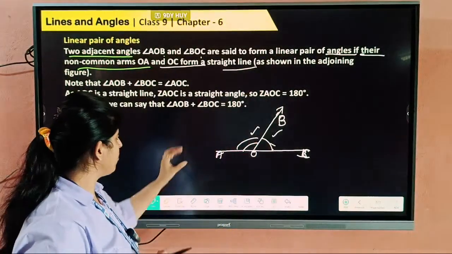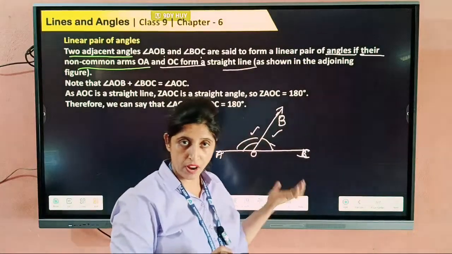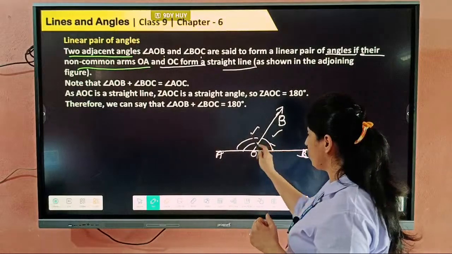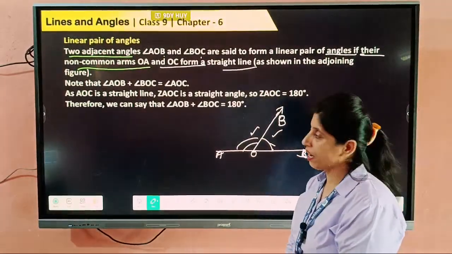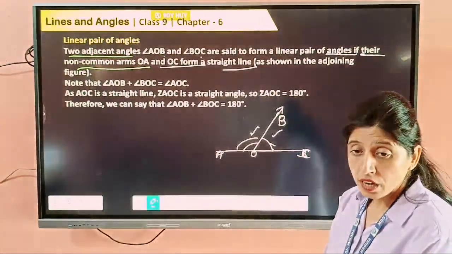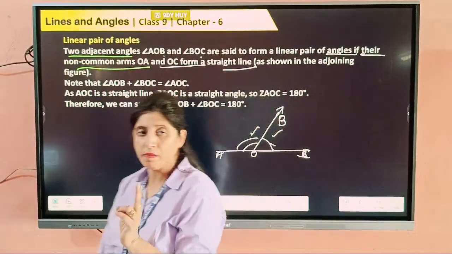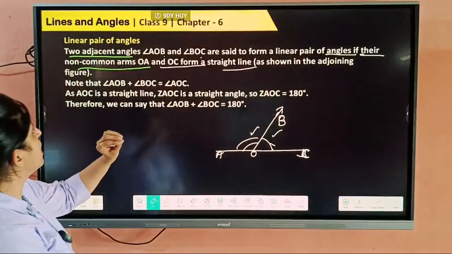Now, whenever two angles' sum is 180 degrees, we can say that they form a linear pair, right? But they are adjacent also because AOB and BOC are two adjacent angles. O is the vertex and OB is the common arm. So these two form a 180 degree angle, meaning a supplementary angle. If two angles form a supplementary pair, meaning their sum is 180 degrees, then we can say that these two angles are a linear pair.